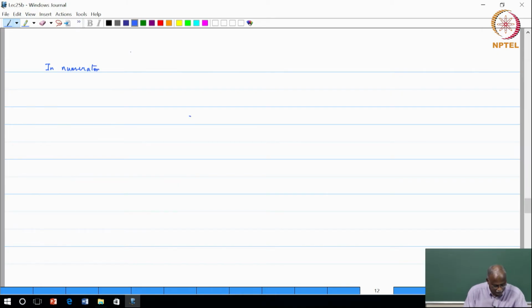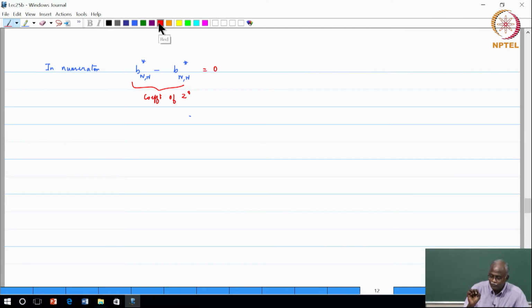In the numerator, what you will get is Bn comma n conjugate minus Bn comma n conjugate. This is the coefficient of z power 0, or the constant term, and this is equal to 0.